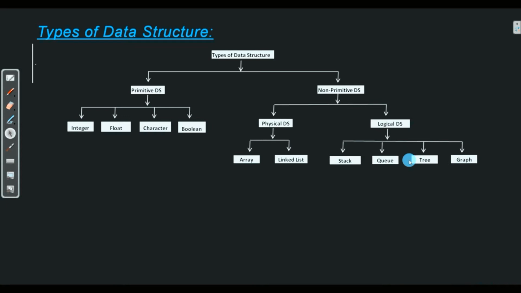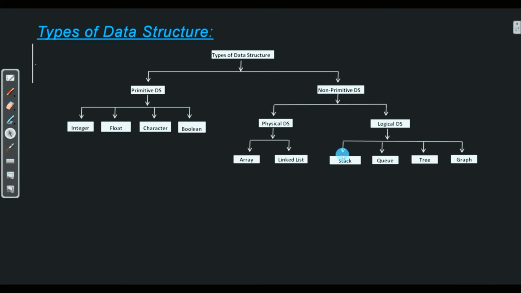However, logical data structures like stack, queue, tree, graph or even hashing are logical in nature and they are dependent on the physical data structure for their implementation.